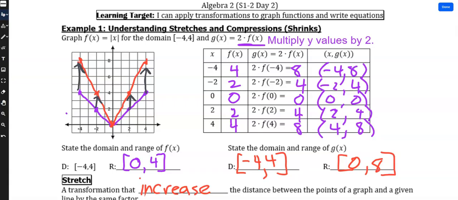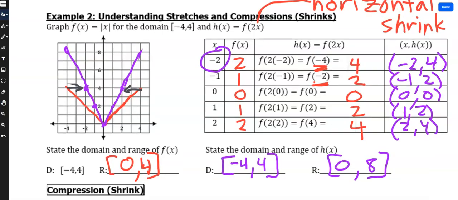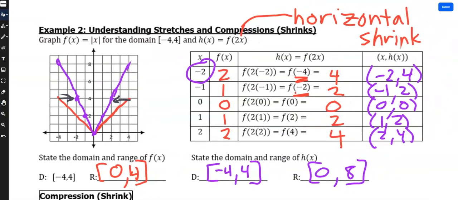End result, exactly the same thing. So, some of these stretches and shrinks can produce the same effect on something that is symmetric to the y-axis, touches 0, 0, that kind of thing.